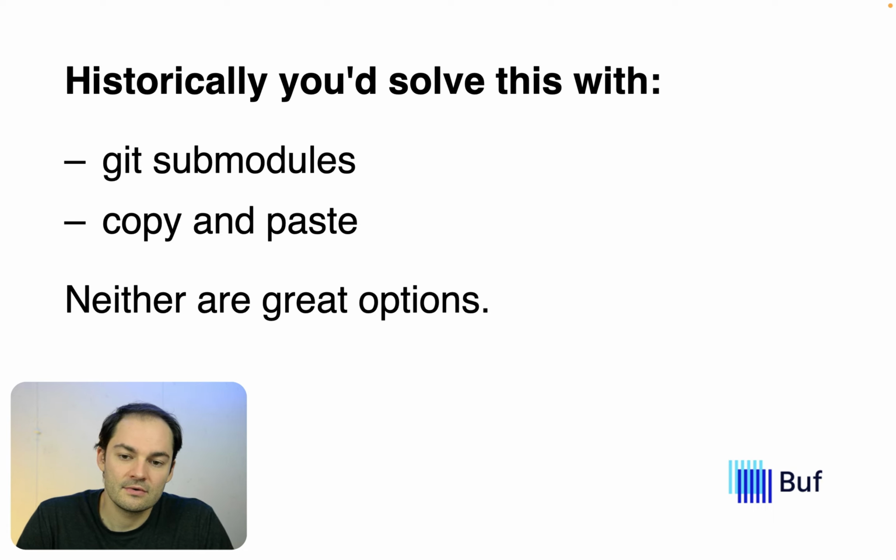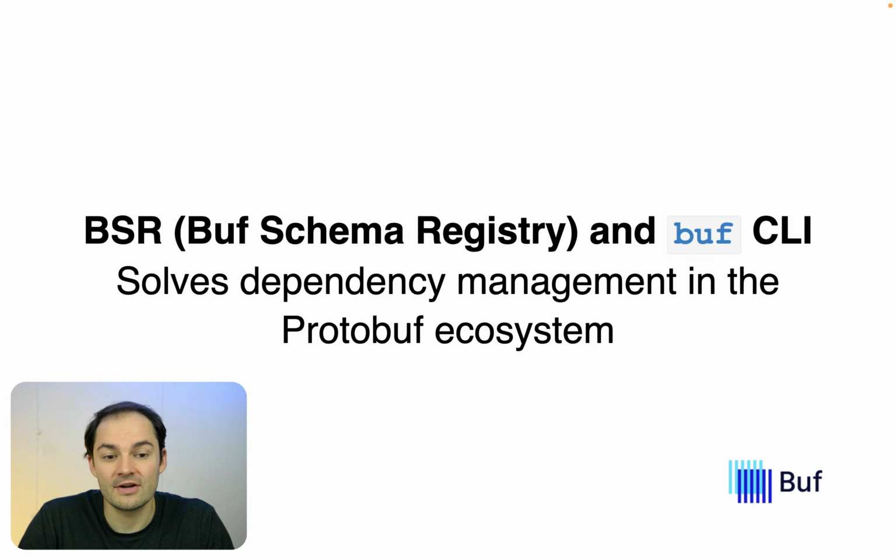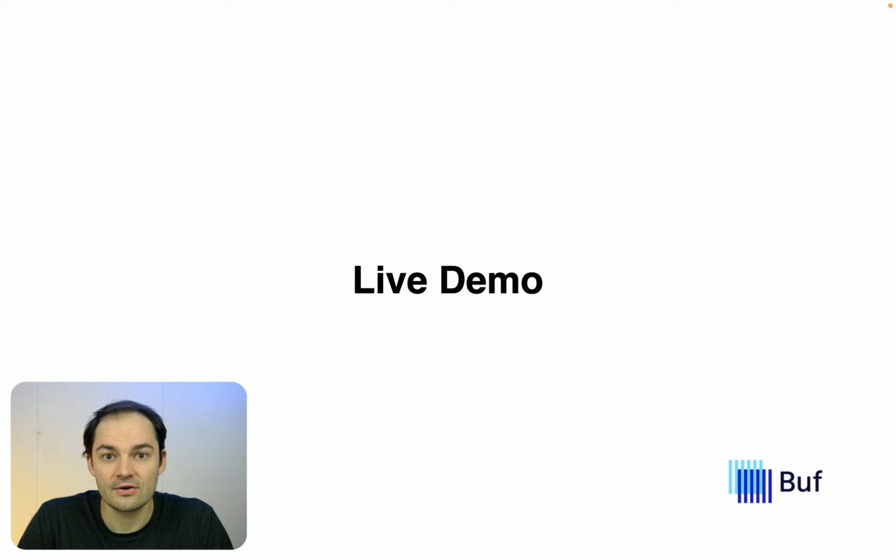And two, you don't really have a single source of truth, which really defeats the purpose of having a schema in the first place. So anyways, neither of these solutions are great. And that's why the Buf Schema Registry as well as the Buf CLI tooling come with first-class support to solve this problem. And so in the next section, why don't we go step by step, and I'll show you what this looks like in practice.